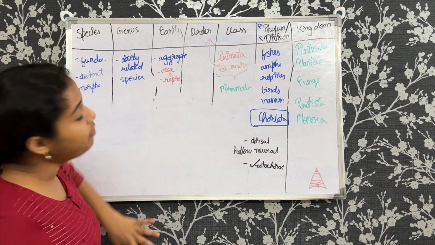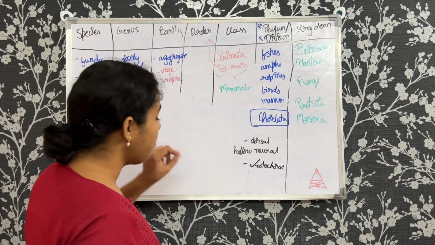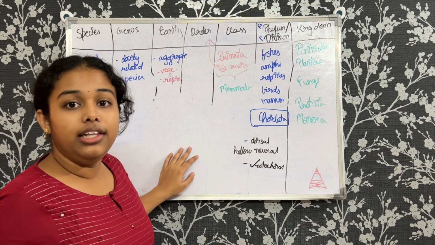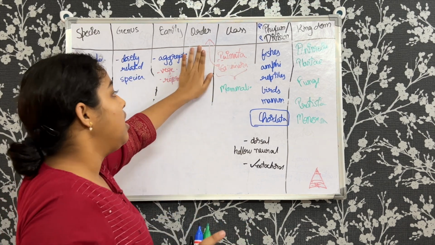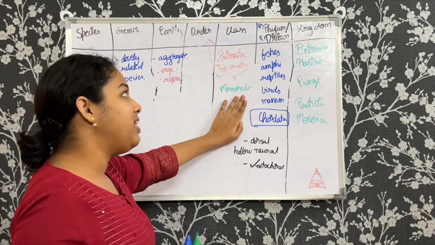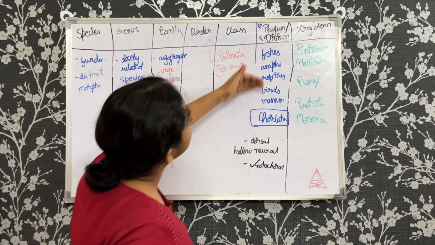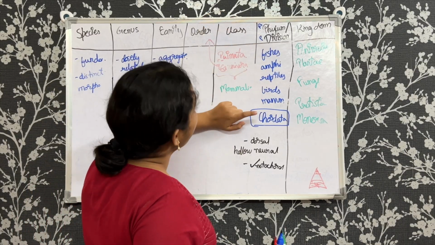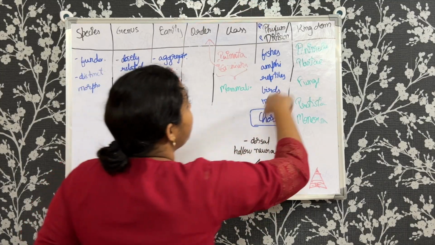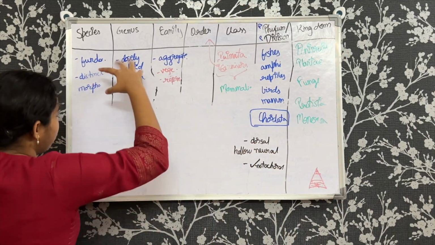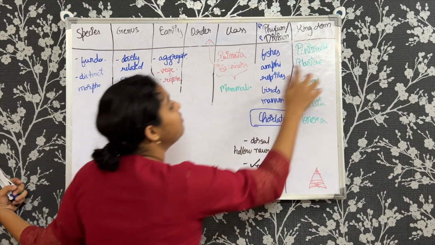Felidae and Canidae are different families, but they come under the same order. They are called Carnivora. Now, Carnivora and Primata are different orders, but they come under the same class called Mammalia. Now, Mammalia with so many other classes will form Chordata, and Chordata with many other phyla will form Animalia. And similarly, with other examples we go on building, we'll get this.